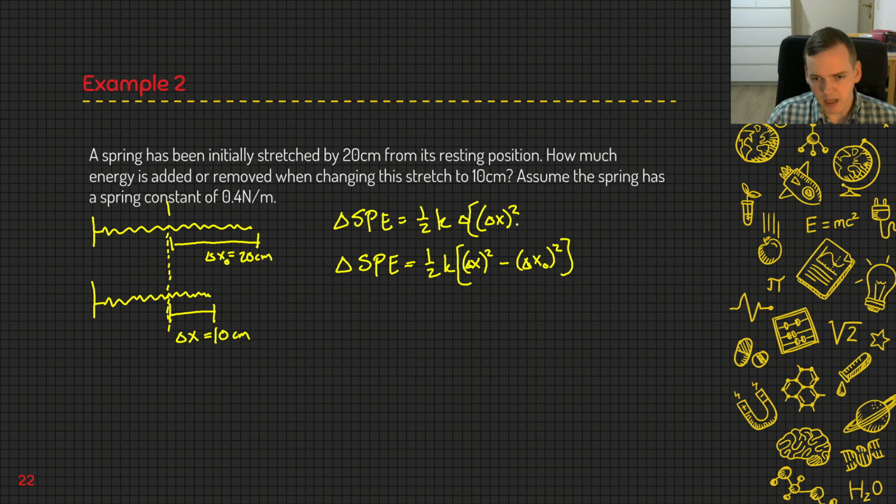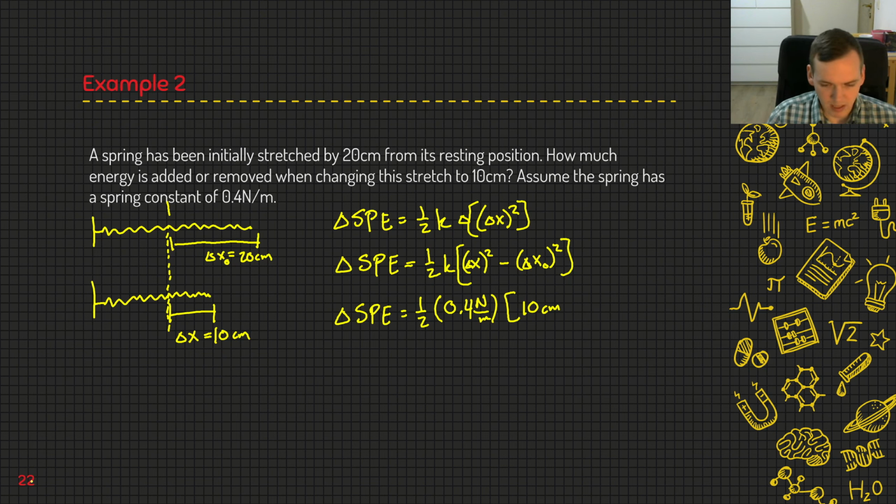Because we have this outer function, this outer delta applies first. So now we have change in spring potential energy is equal to 1/2 times 0.4 newtons per meter times delta x, which is 10 centimeters, which we need to convert to meters.